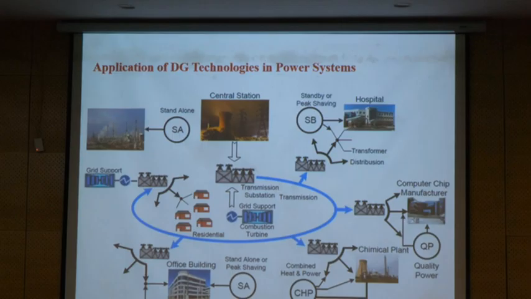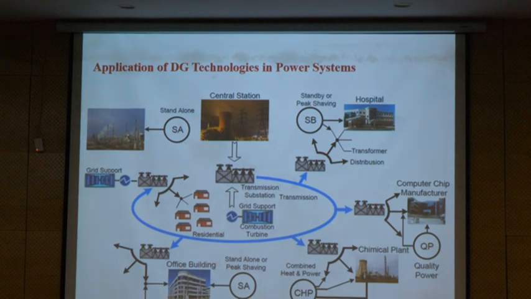So peak shaving means that we reduce the dependency on the grid during the peak time and use this local generation. But the standby is for the time when the grid is not reliable or we have an outage.